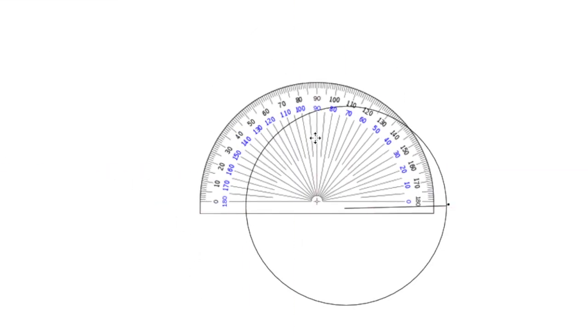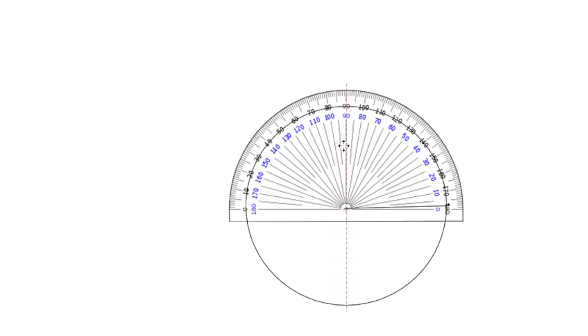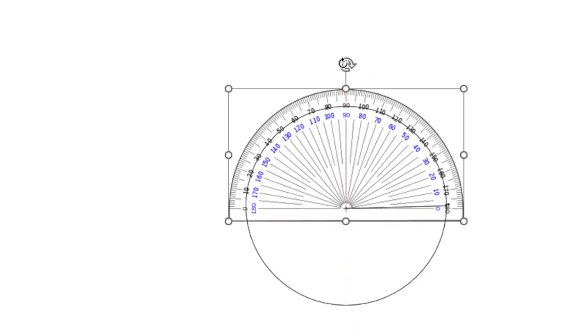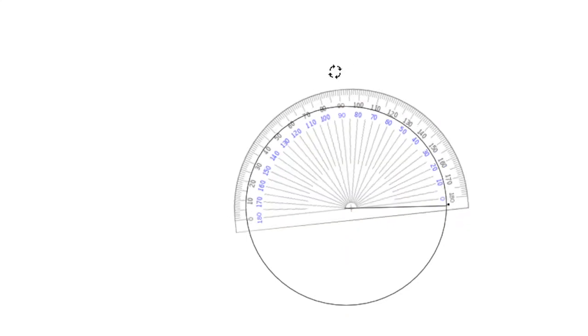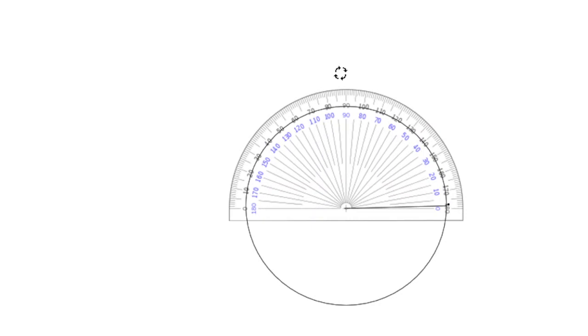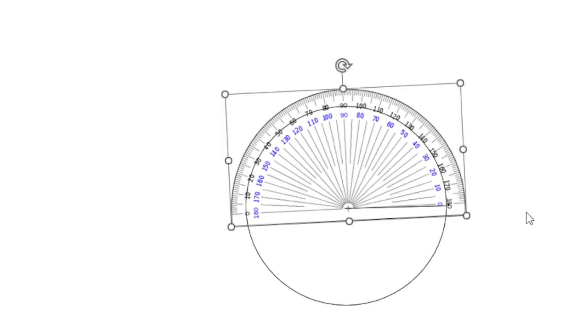Yes, these point and this line should coincide. Right, now you can see this point and this line is coinciding.